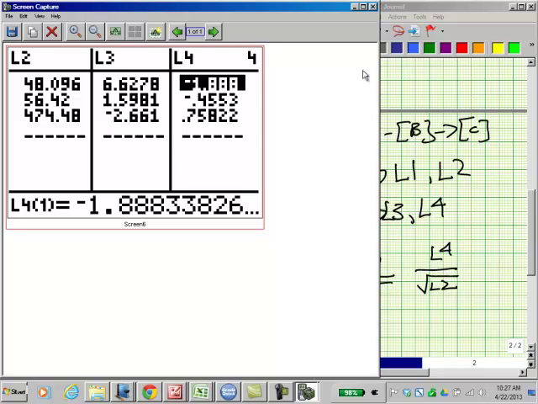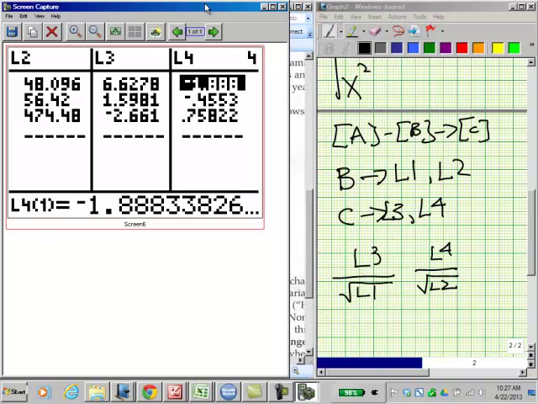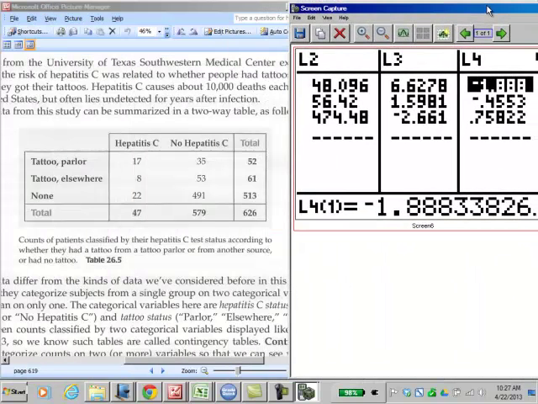And here's what I want. Let's look at the original data. So what does this number here mean?